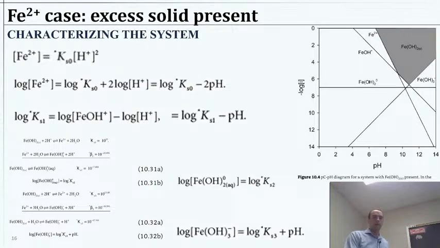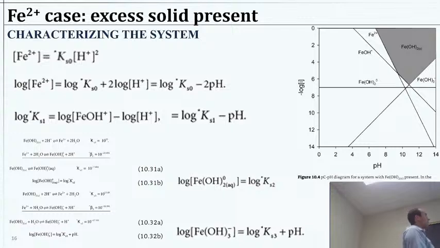Okay, the next would be what happens if we have solid iron in solution and we know it. Then the question becomes, well, we know there is an equilibrium here: Fe2 plus is going to be in equilibrium with that solid.